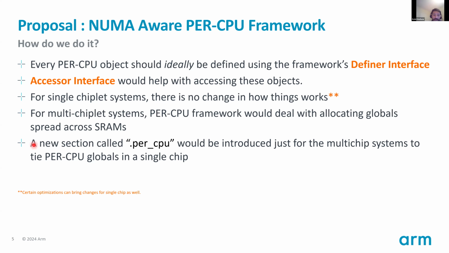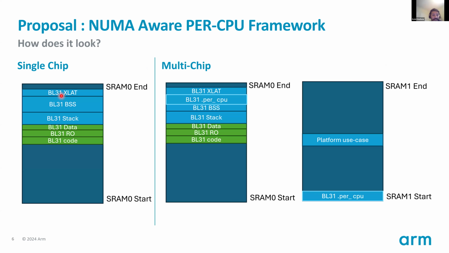Okay, so continuing with what we said, just for this presentation, I had this as multi-chiplet. So for multi-chiplet systems, we would have a separate section that's called per-CPU, and that'll tie all the objects within that section and just duplicate it across different SRAMs. So this is the slide I was talking about, where we have a view of how things could be different. Now, for a single chip case, there's not much of a change.